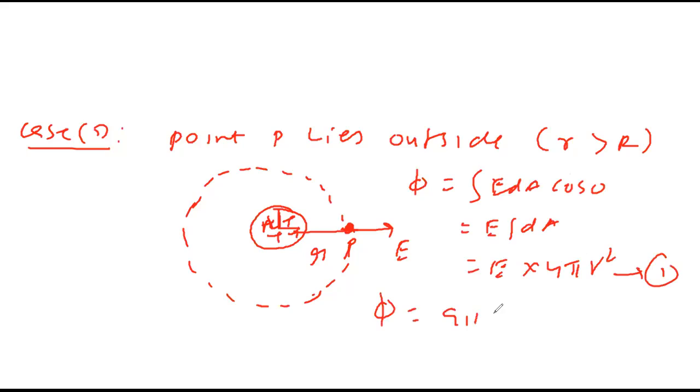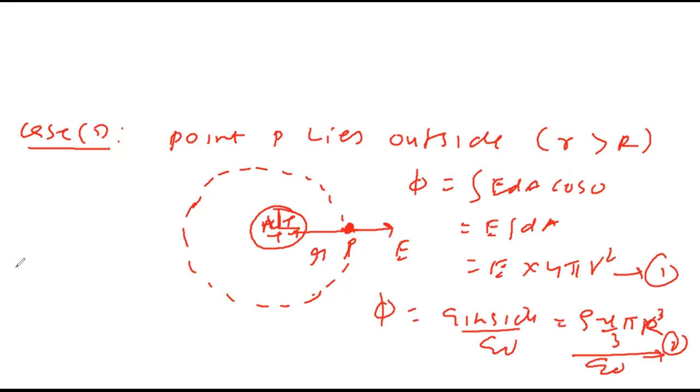And Q inside upon epsilon naught. How much is Q inside? Rho into 4 by 3 pi capital R cube. Capital R, correct. Rho into 4 by 3 pi capital R cube upon epsilon naught, equation 2.